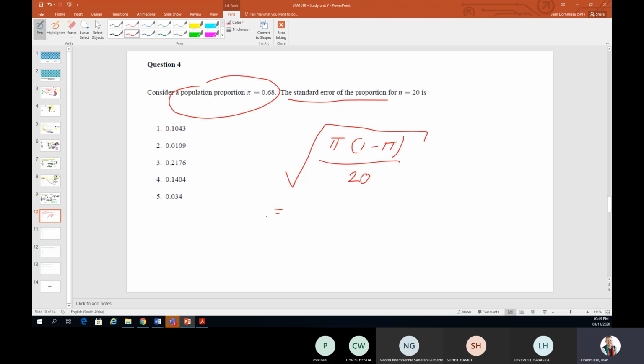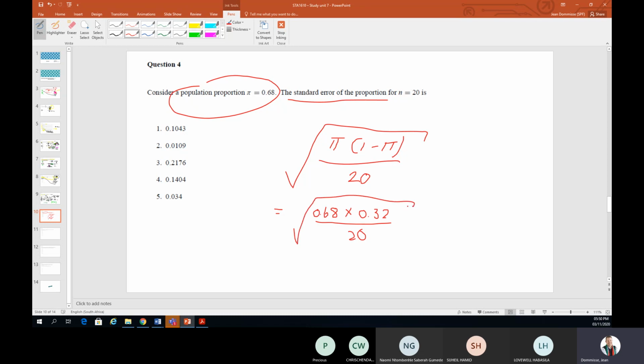So 0.68 times 1 minus that is 0.32 divided by 20 and the square root of that.